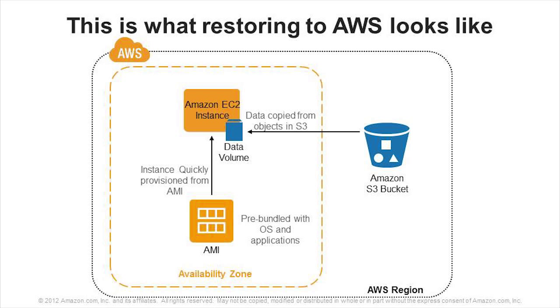And when things are going well, you would be creating this AMI. You'd put your operating system, your applications, your tools, all of your configuration information into place in that AMI. You store that in the cloud. And at the point when you say, I need to recover to the cloud, you simply launch one or more copies of that AMI onto EC2 instances.